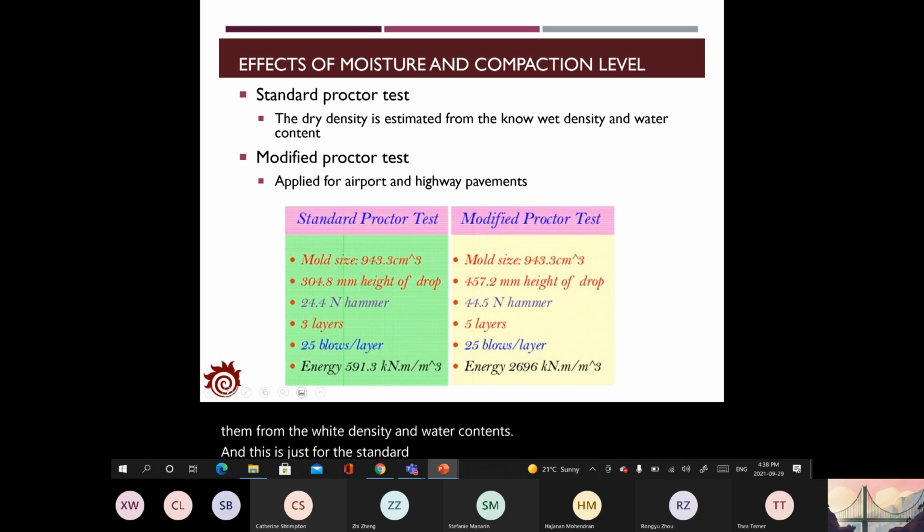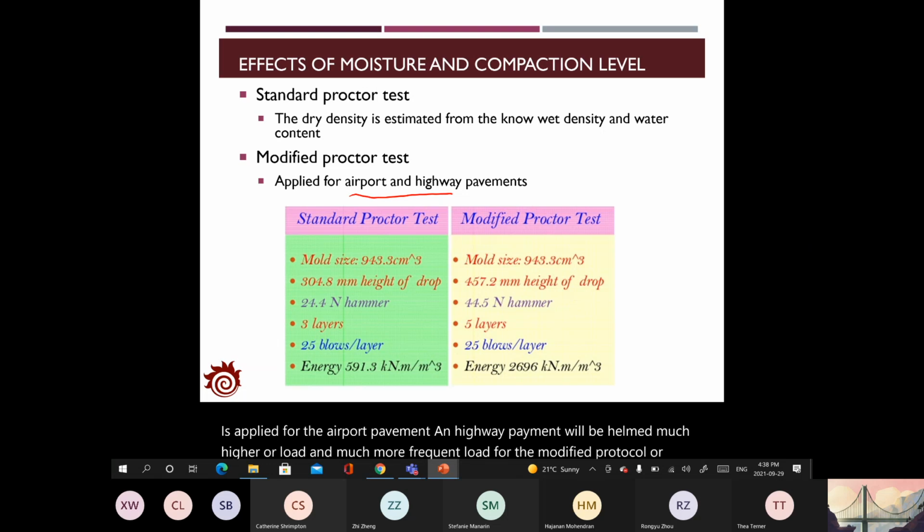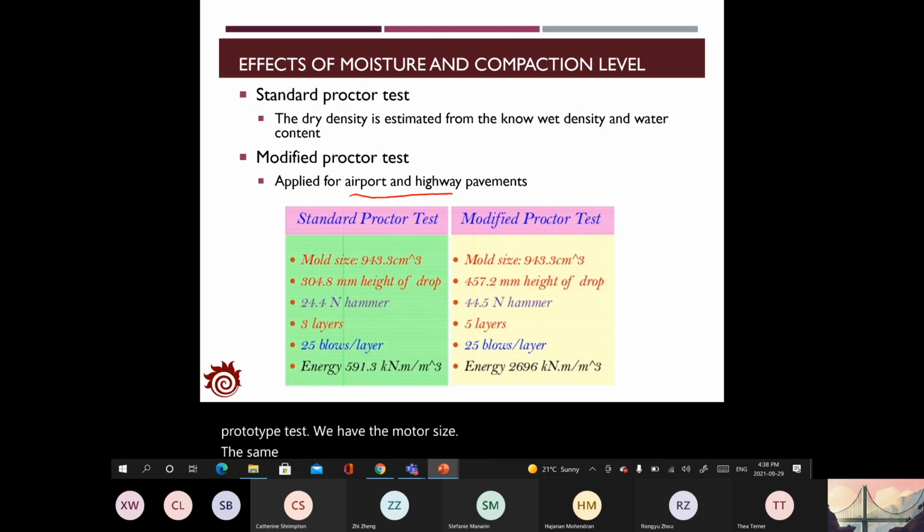There's also a modified test, and usually this modified test is applied for airport pavement and highway pavement, where we have much higher and more frequent loads. For the modified Proctor test, we have the same mold size. The volume of the mold is 943 cubic centimeters, but the hammer we use is different.